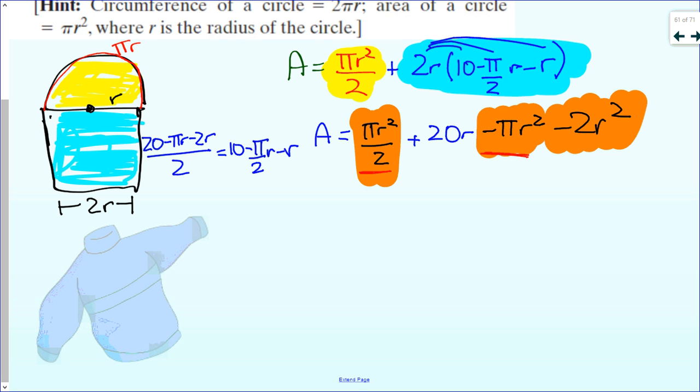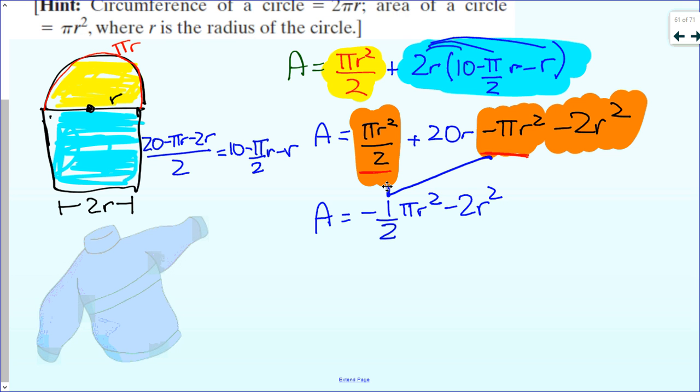So that's negative 1/2 pi r squared minus 2r squared, bringing together all the r squareds together. So again, 1/2 pi minus 1 pi is negative 1/2 pi. Those combine to that, and then I just brought them at negative 2r squared.